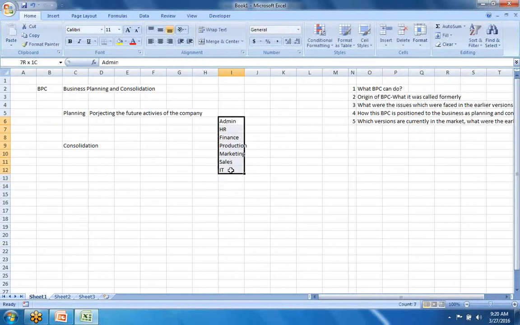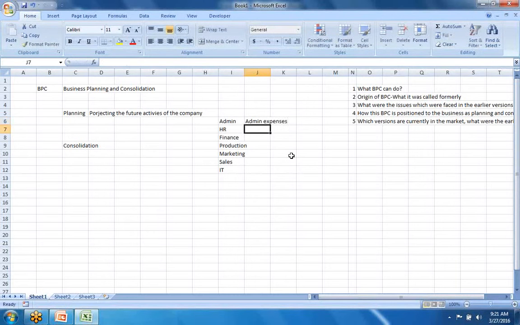Each and every department has to plan for future activities so that a consolidated plan can be generated for the entire enterprise. The admin department will be planning for the admin expenses.